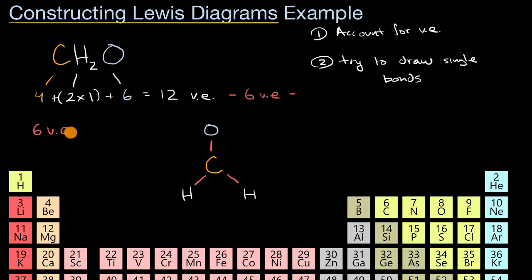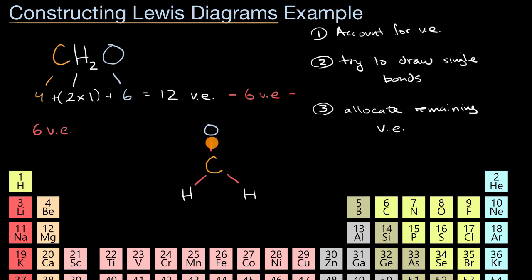So the next step is to allocate the remaining valence electrons, trying to get to the octet rule for atoms that are not hydrogen, and then for hydrogen, trying to get it to have 2 valence electrons. All right, so let's start with this oxygen.